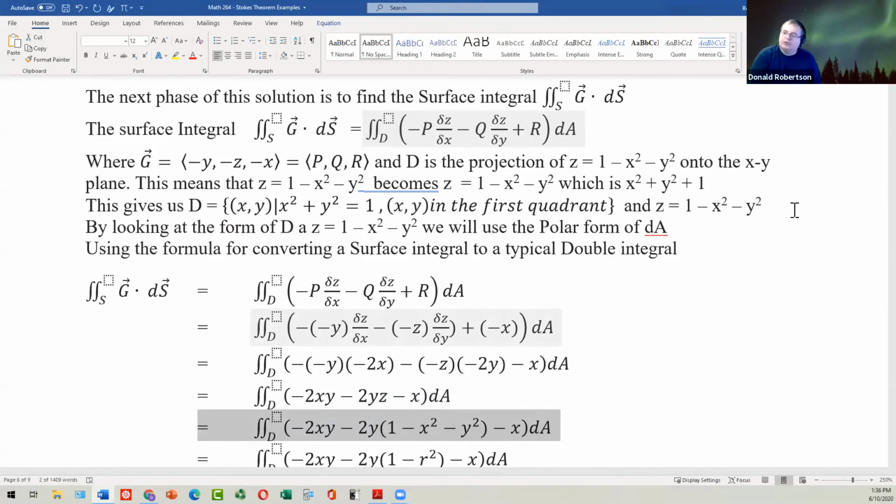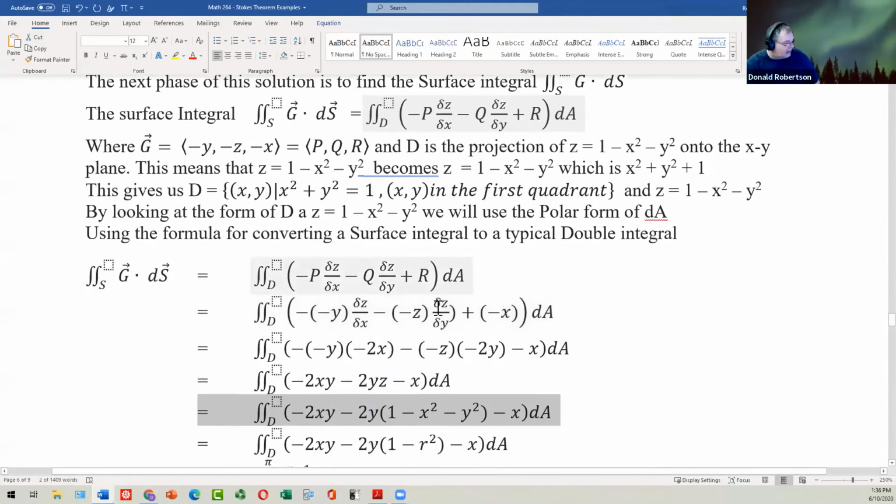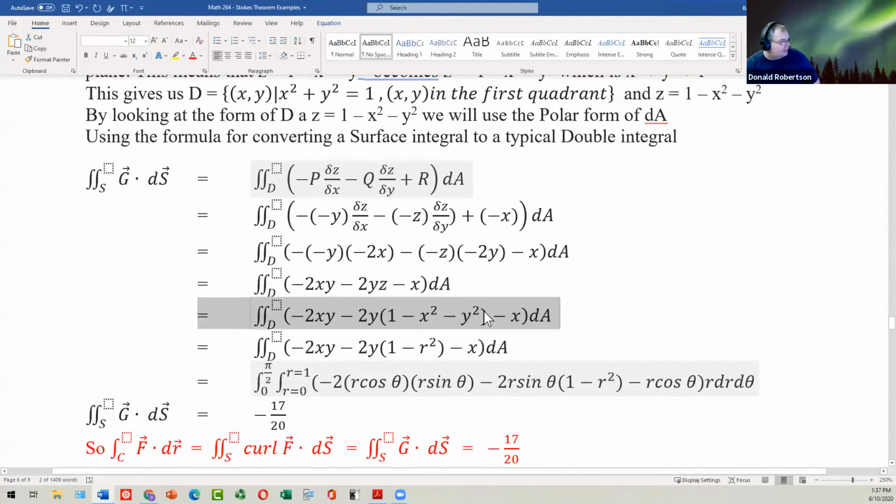So I'm not going to convert the dA to x and y. I'm going to convert dA as r dr d theta. I'm going to do polar on it. I've still got all my x's and y's, and I get to about this line here. And then I'm beginning to nibble at it. Do you know that x squared plus y squared gives you this 1 minus r squared?